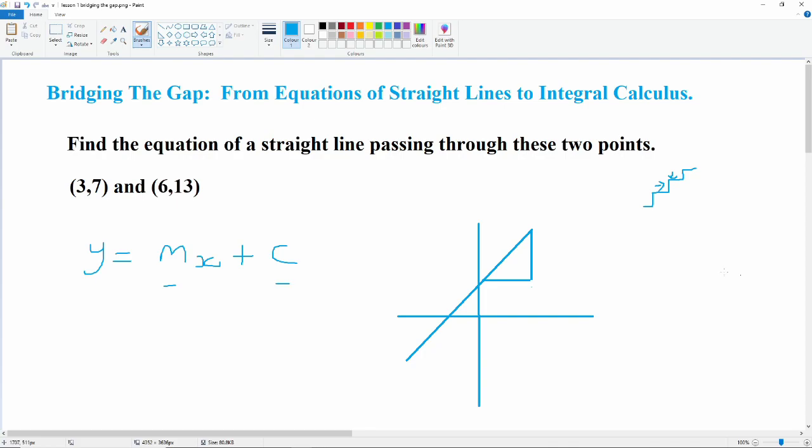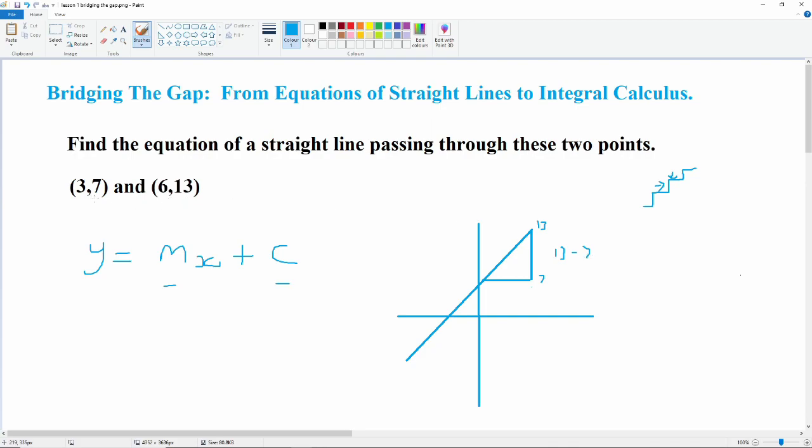Okay, so the rise is how much the y-axis has changed, or how much the length up of the slope has changed. So it's gone from 7 to 13, so the rise is 13 minus 7.